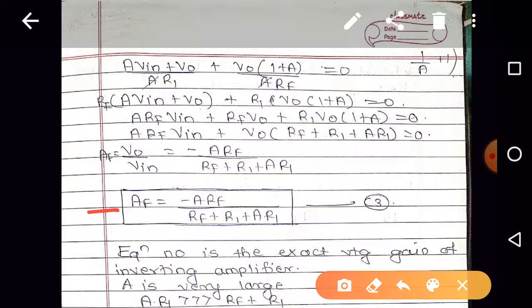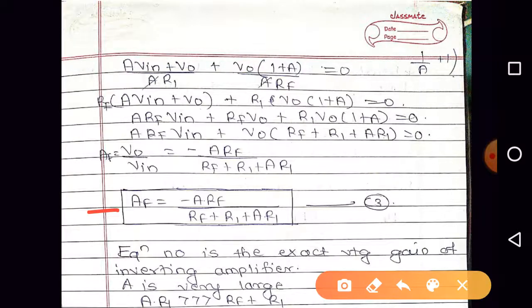After solving equation number 2, we will get AF, the closed loop voltage gain, for the inverting amplifier: minus A dot RF upon RF plus R1 plus A dot R1.